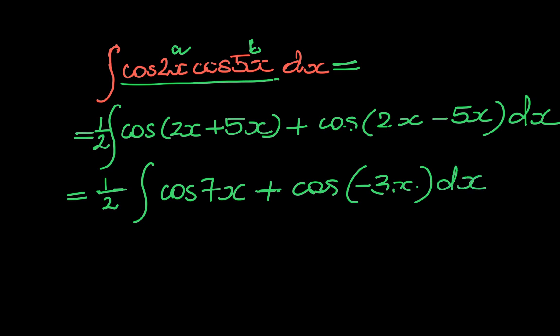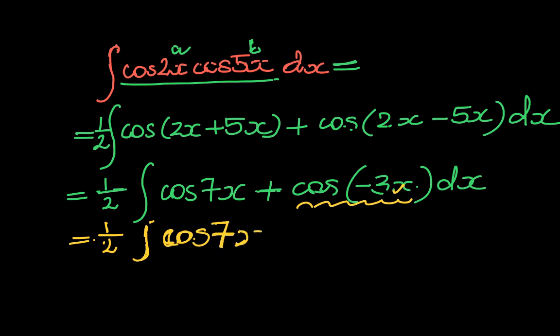Right, we have to remember that we still have to follow all the rules of trigonometry. So cos of minus theta is the same as, sorry, cos of 7x, if I want to look at a fourth quadrant and I've got a negative angle, cos of minus 3x is looking at a negative angle.